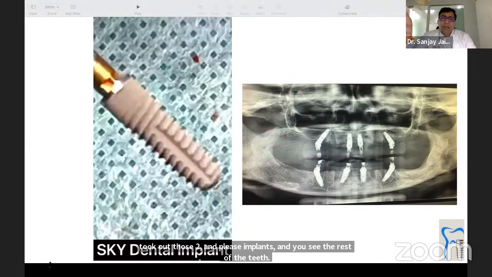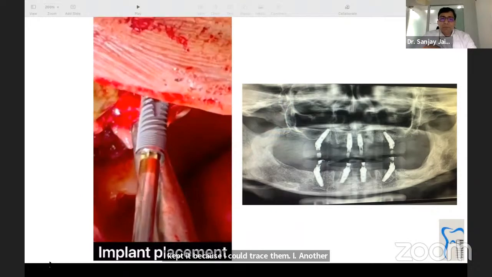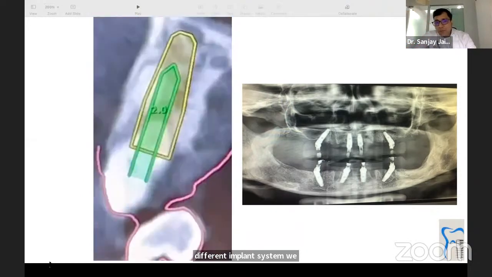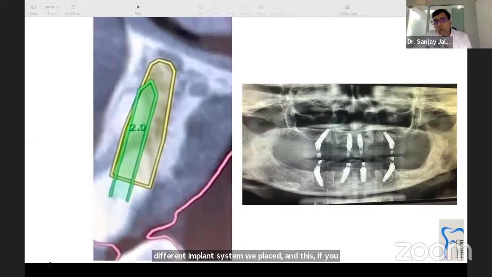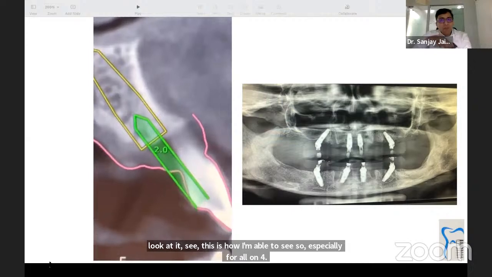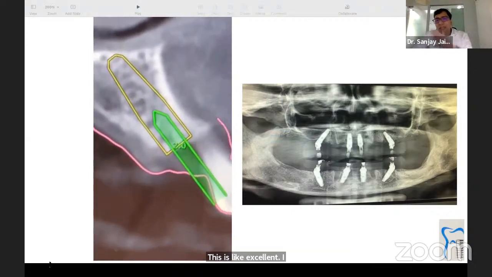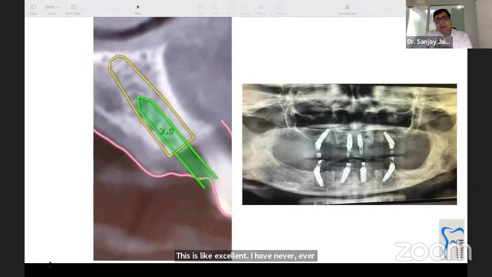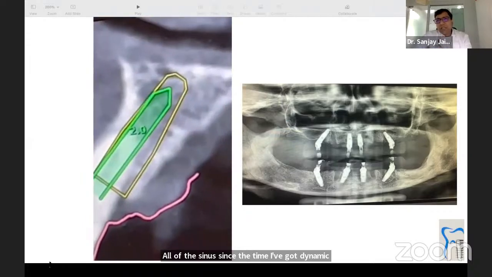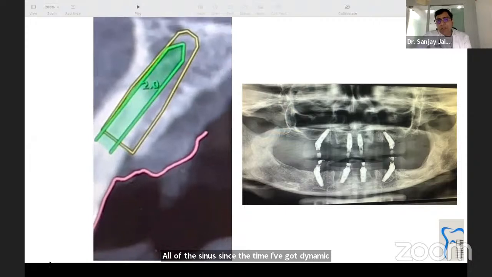And another different implant system we placed. And if you look at it, this is how I'm able to see. So especially for all-on-4, this is excellent. I have never ever perforated any lateral wall of the sinus since the time I've got dynamic navigation, and I've done more than 72 all-on-4 cases with dynamic navigation.